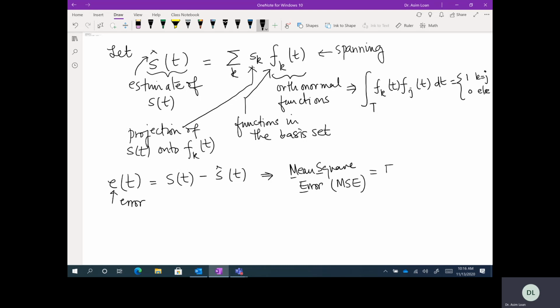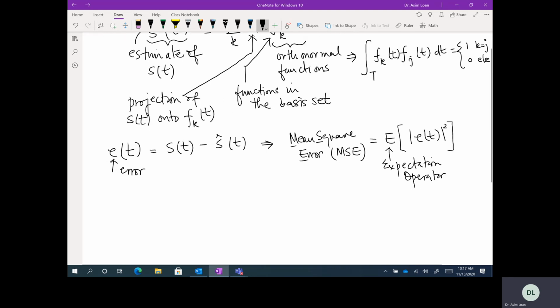And this is, by the way, the expectation of the absolute square of E of t. This is the expectation operator. Since you have not done probability, you don't know what the expectation operator is, so let's ignore this for a while.